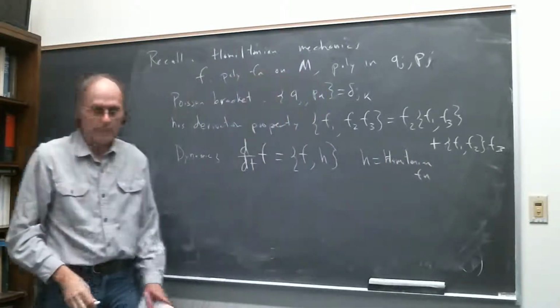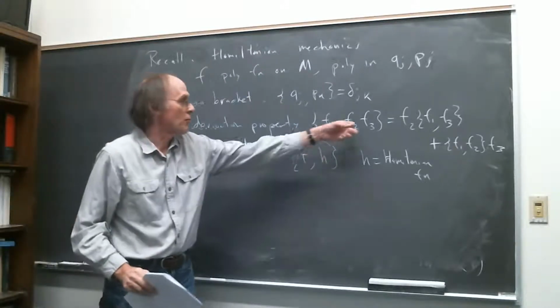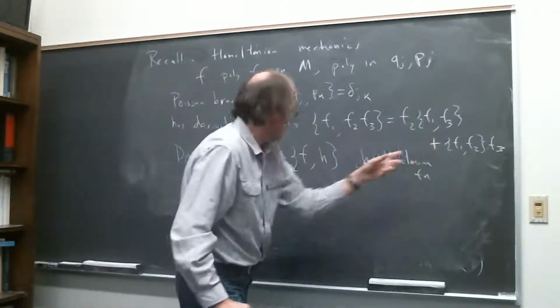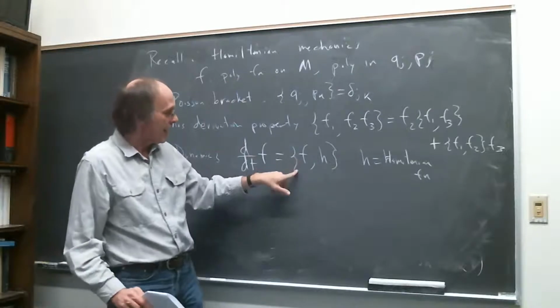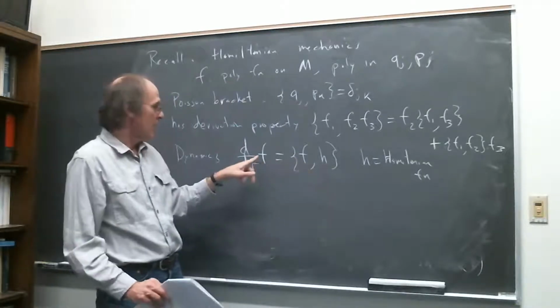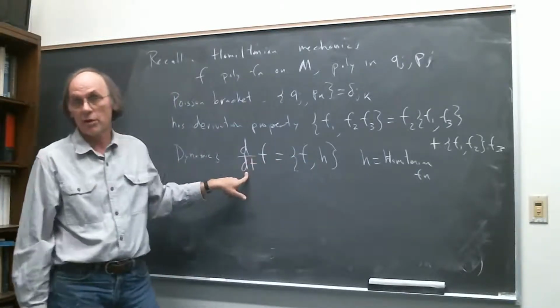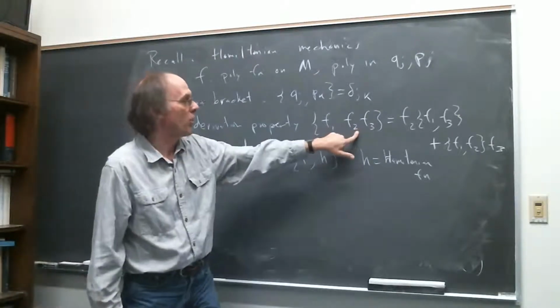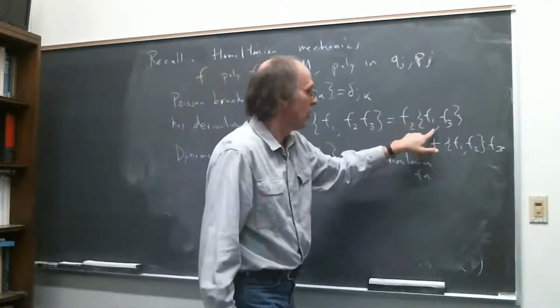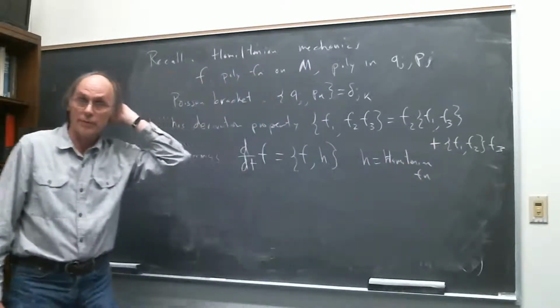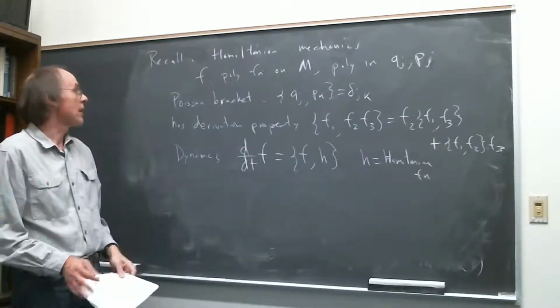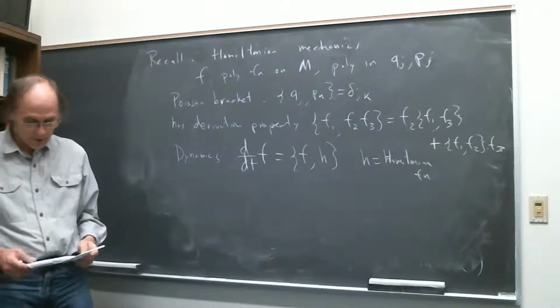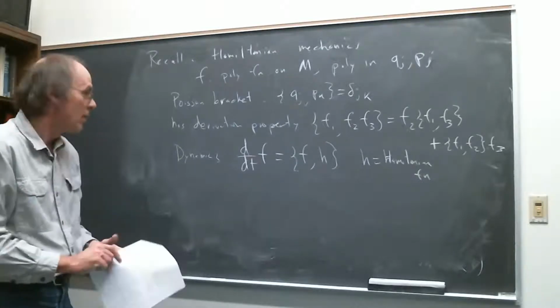One reason the Poisson bracket has to have this derivation property is so that, taking the Poisson bracket with H, it behaves like a derivative. If you do it to a product, it had better obey the Leibniz rule. So that's classical mechanics.